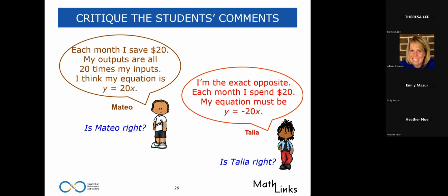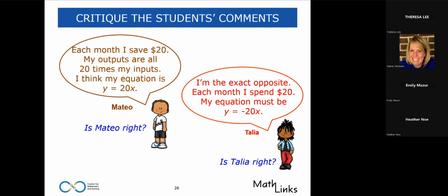In a previous table, students saw that Mateo's bank balance began at 0 and increased by $20 each month, while Talia's bank balance began at $140 and decreased by $20 each month. As you can see, Mateo thinks his equation is y equals 20x, while Talia thinks her equation is y equals minus 20x.